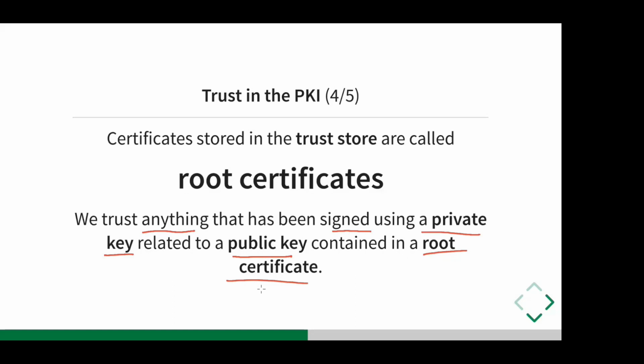To recap, let's say that I have certificate C1. I ask myself, do I trust this certificate? The first question is, is it in the trust store? If it is, then I trust it. If it is not in the trust store, I don't immediately dismiss it.